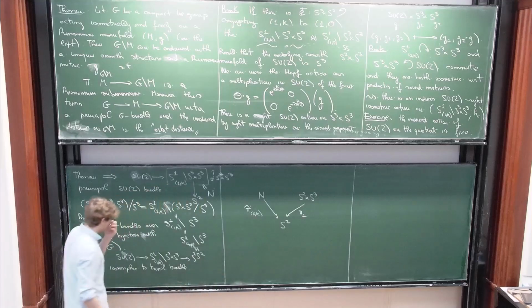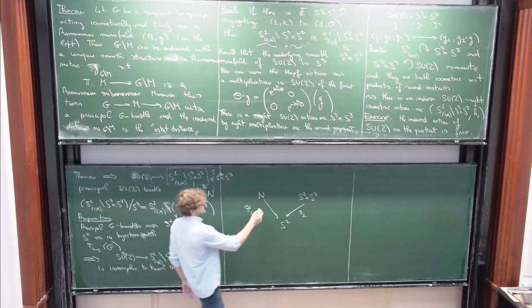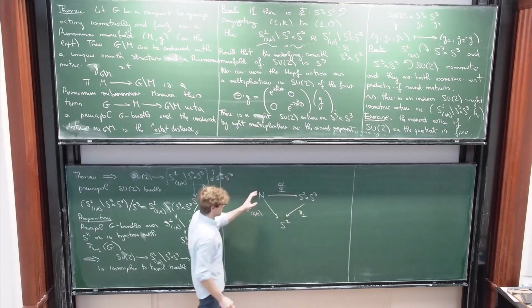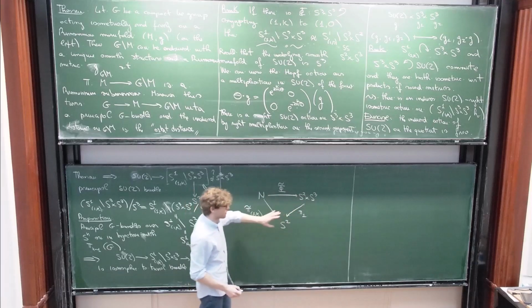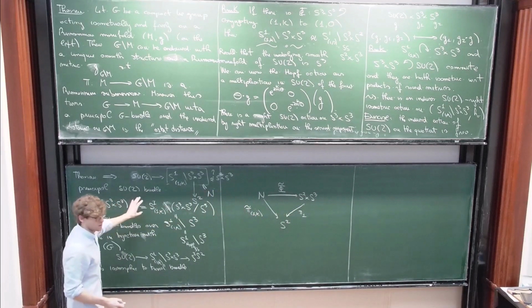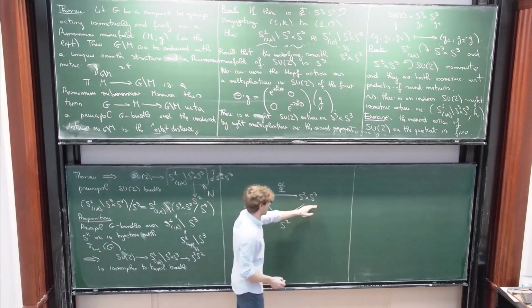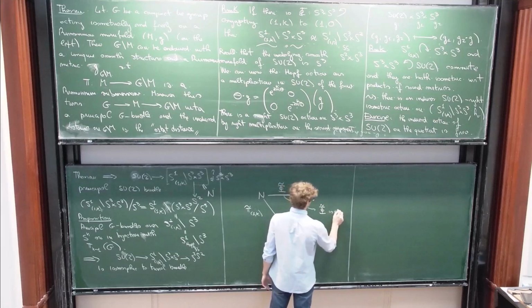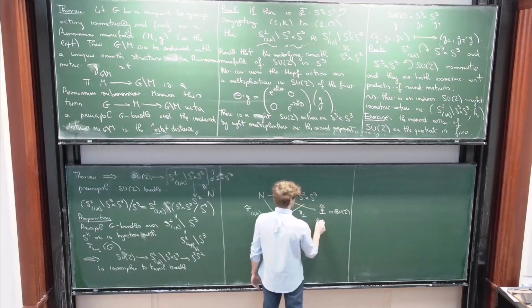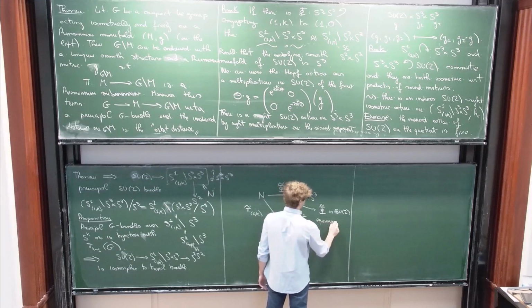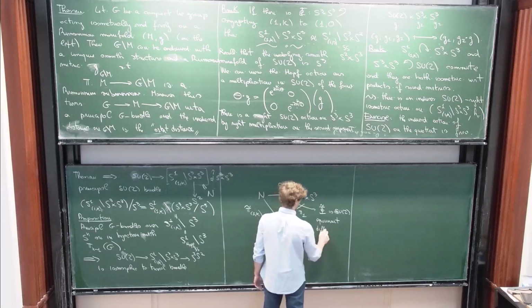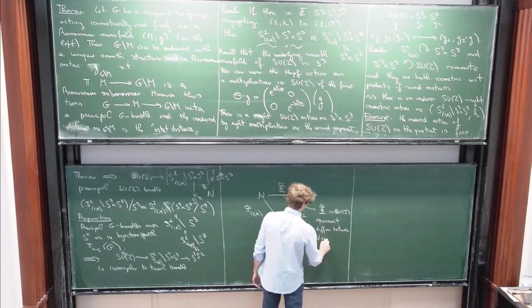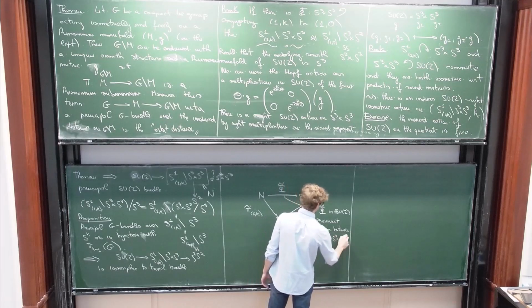The two bundles being isomorphic means that there exists an isomorphism, a diffeomorphism, phi tilde, between this guy and this guy, which is equivariant with respect to the S3 action on N and S3. So phi tilde is an SU2 equivariant diffeomorphism between N and S2 times S3.